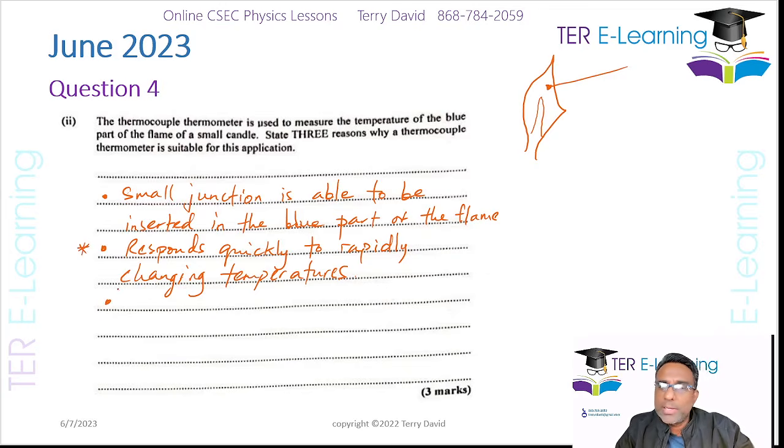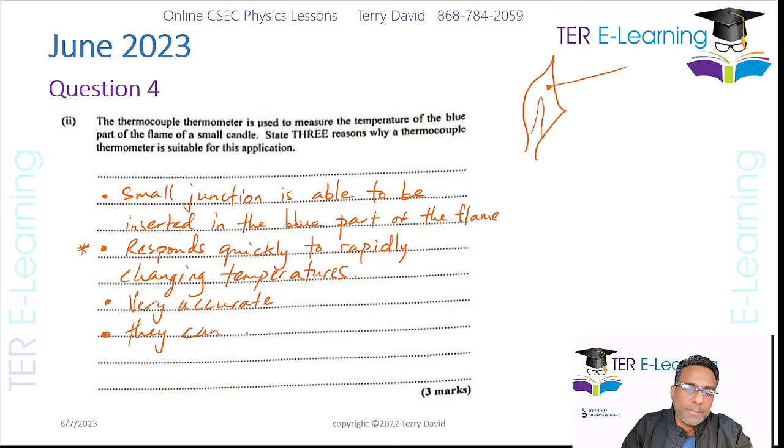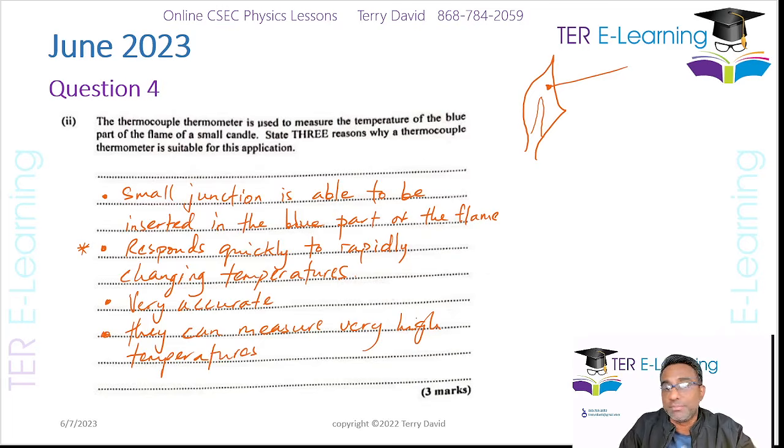They want a third one. So we can say something like, if you couldn't remember anything, you could say very accurate. So they're very accurate, and also they can measure very high temperatures. So that makes it very suitable for measuring the temperature of a flame. So any 3 reasons here and you're good to go.